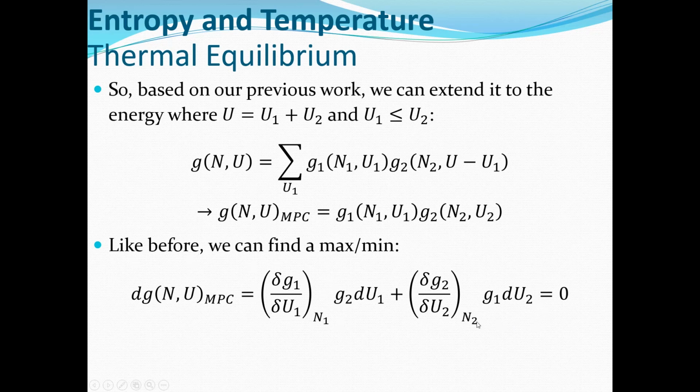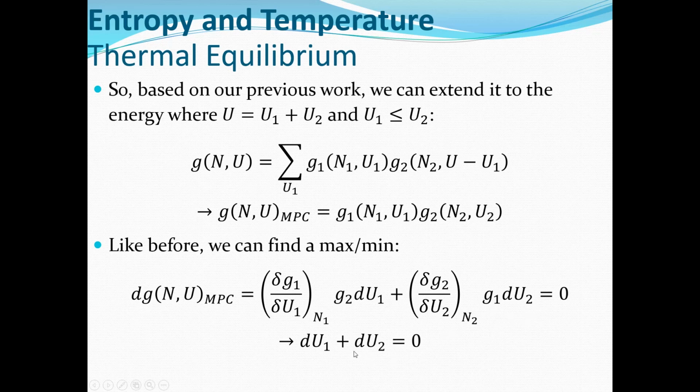Again, this is some calculus you want to remember: when you take a derivative of something like this that has multiple variables, you have to do a sum of the partial derivatives. And then we once again set this equal to 0 in order to find the min and max values.